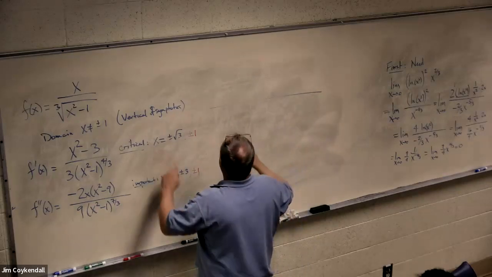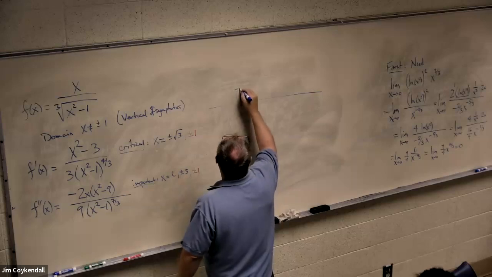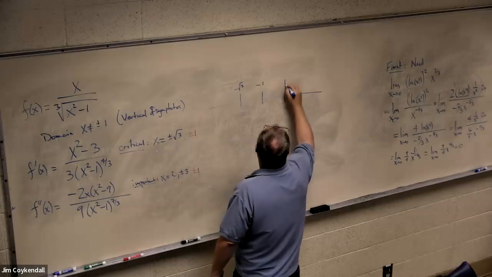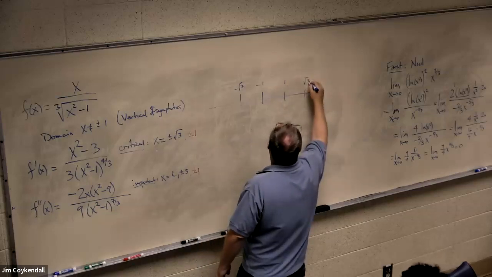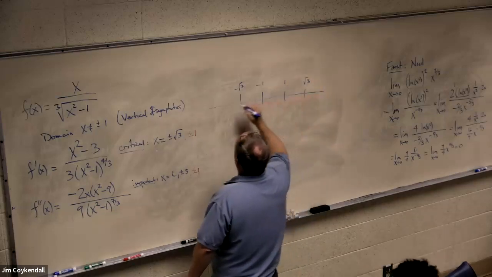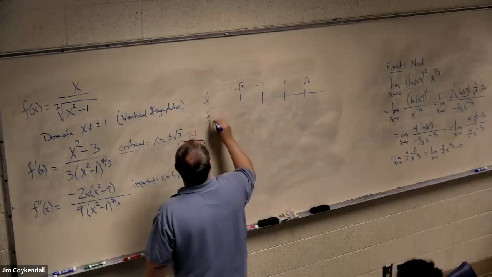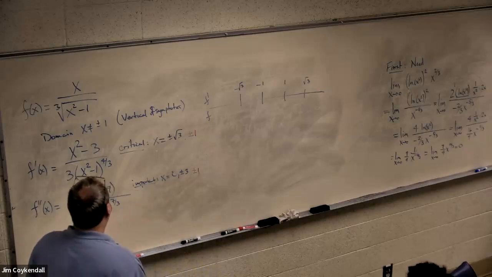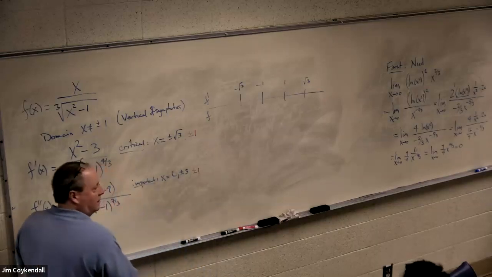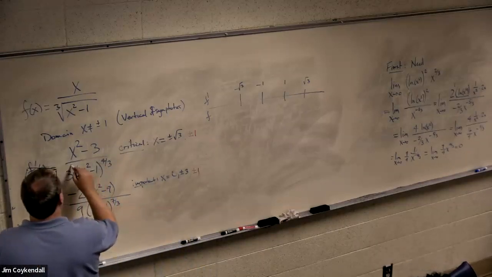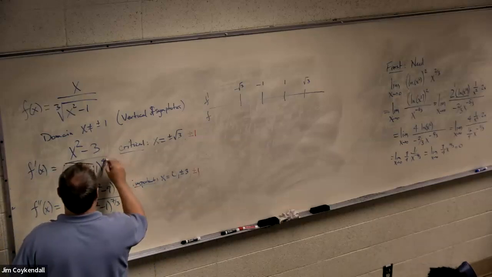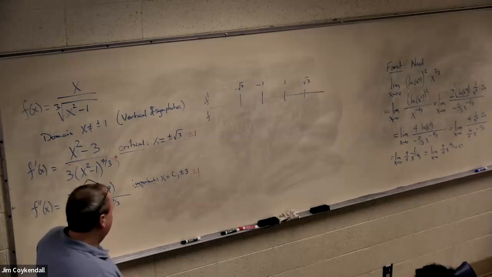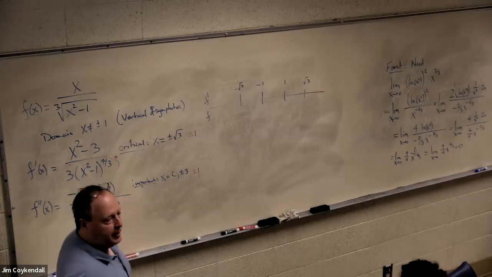Okay, so let's analyze this. For the first derivative, I get minus square root 3, minus 1, 1, square root 3. All right, I've got a little helping hand here, because this piece right here is always positive, right, because it's the 4/3 power.